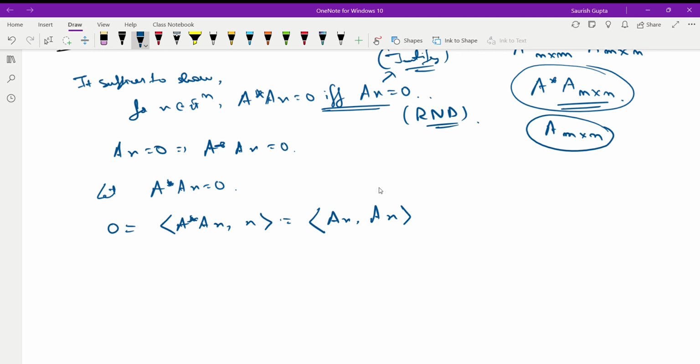We are talking about column vectors: A is an M cross N matrix, x is an N cross 1 column vector, so Ax is M cross 1. That simply means Ax needs to be 0, because you have Ax with Ax. That's exactly what you have.